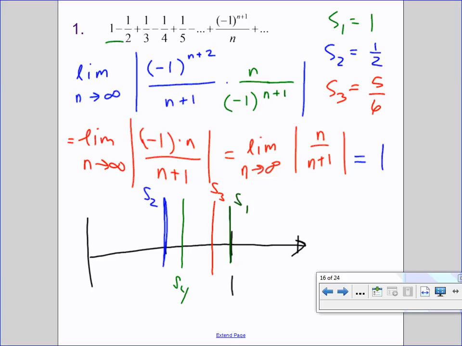Then plus 1/5 gives 0.78. And so where's that? Well, 0.8 was 0.83, so 0.78 is right here.